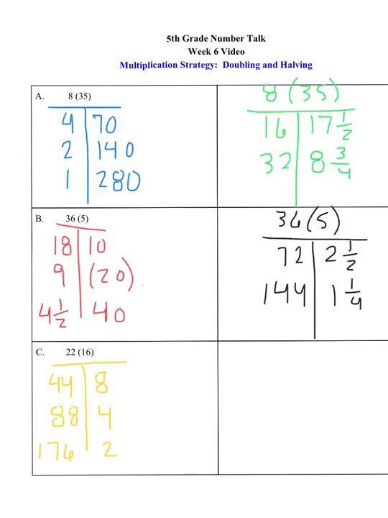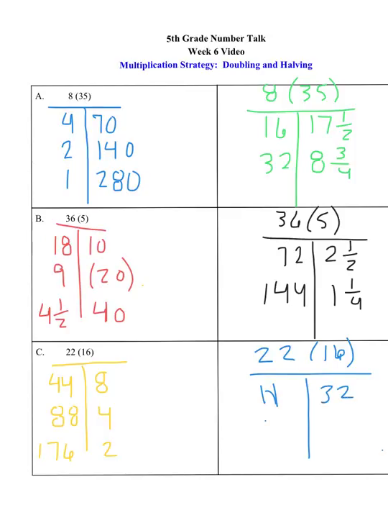Again, if I didn't do it this way, if I started with 22 groups of 16, and instead I went half of 22, so I would be left with 11, and then double 16 is 32.